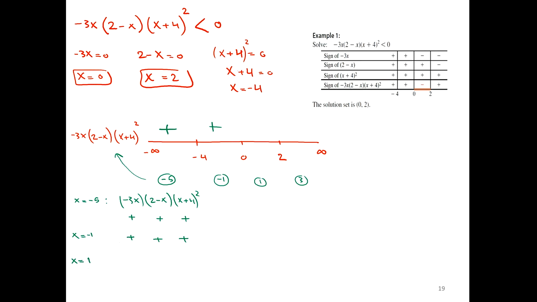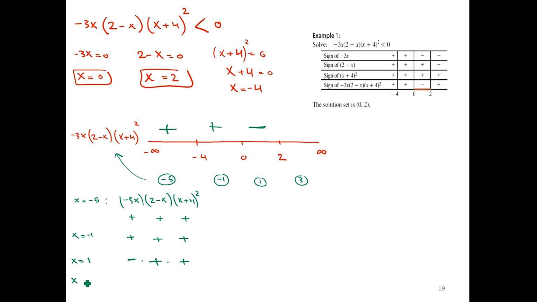After substituting 1, we have minus 3 multiplied by 1, which is negative 3. 2 minus 1 is 1, positive. 1 plus 4 squared is positive. So multiplied together, negative times positive is negative, times positive is negative. So we have negative.